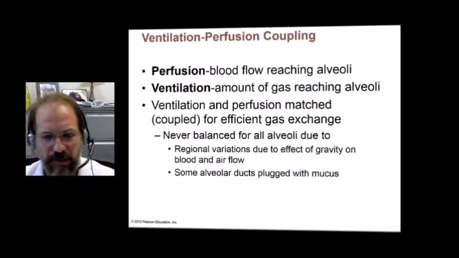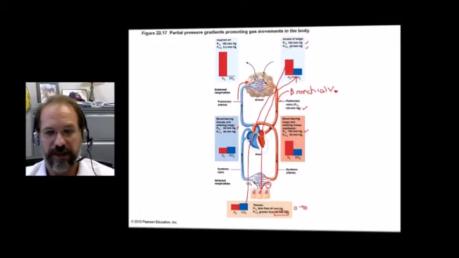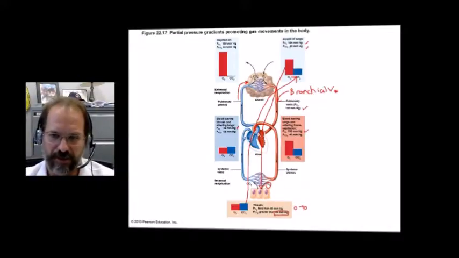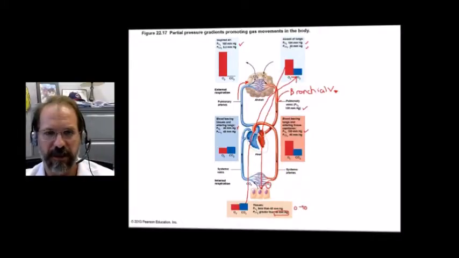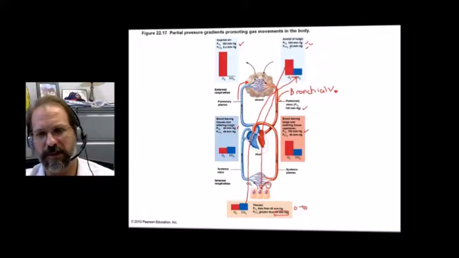All right, the next concept I want to touch on, before I leave this idea, back here with our partial pressure gradients, there is a short answer on the test where I ask you to describe the partial pressure gradients. So for that, you need to tell me what the partial pressures are in inspired air, what they are in the alveoli and why they're different, and then what happens to the PO2 in the pulmonary veins, why that drops a little bit as a result of mixing with the bronchial veins, and that would be external respiration there.